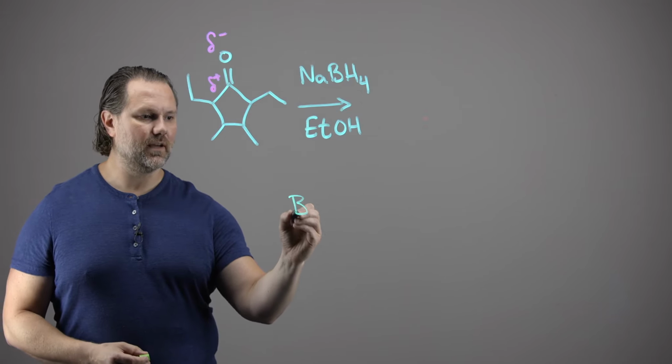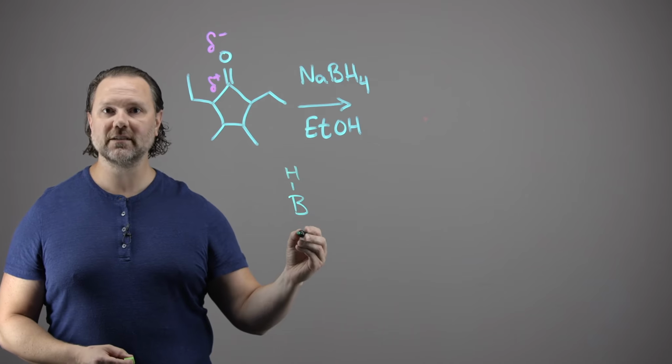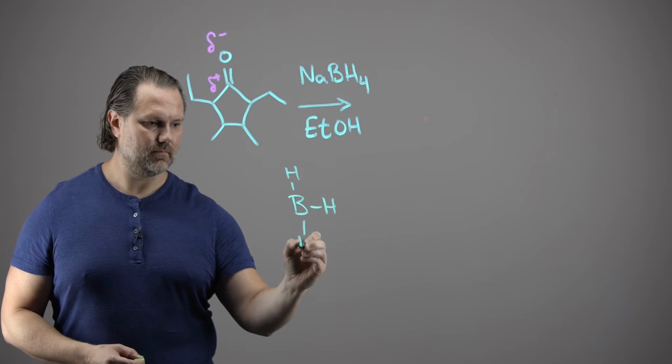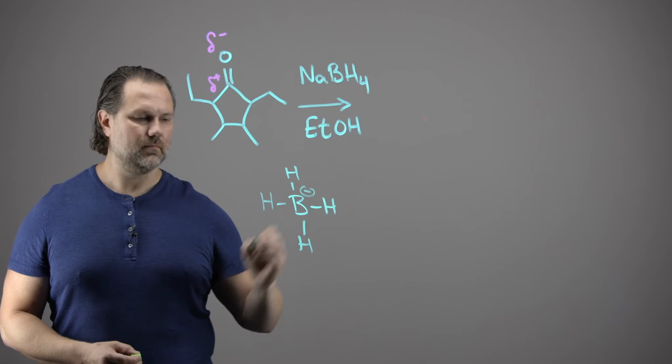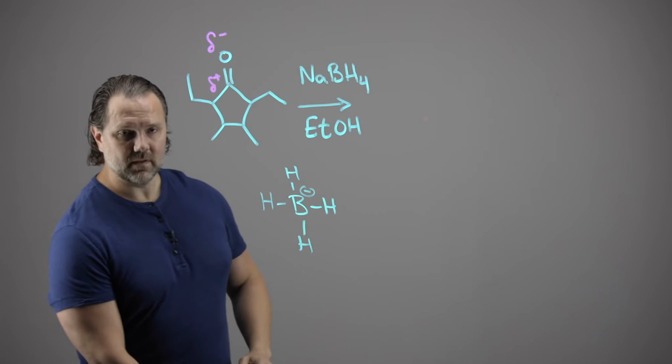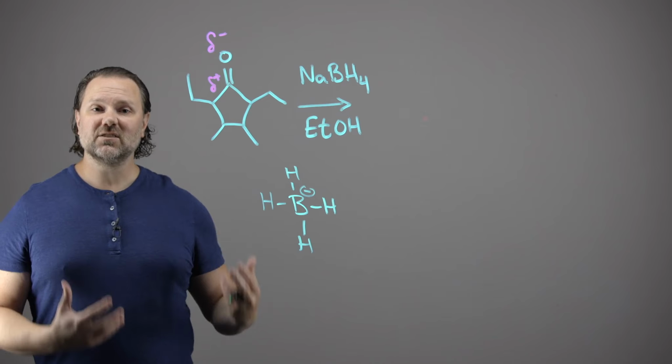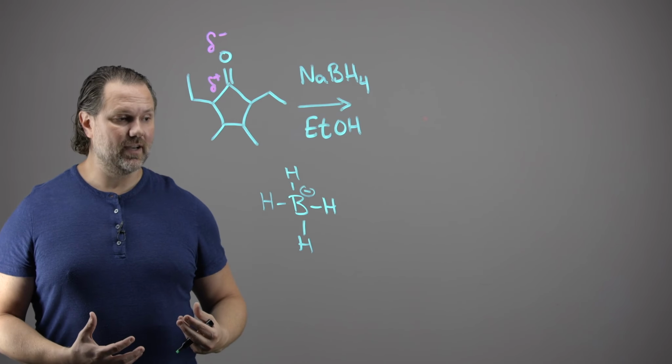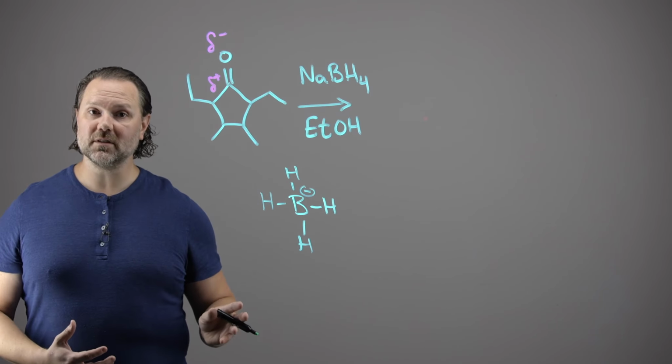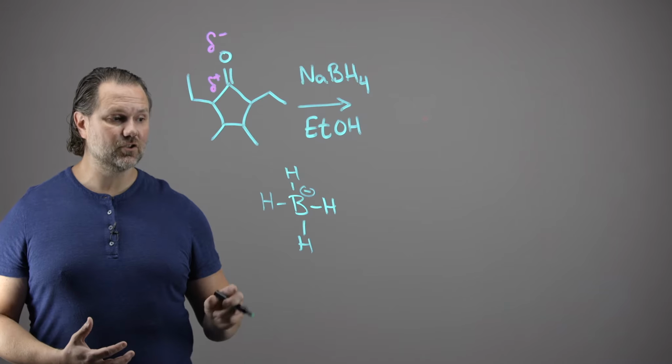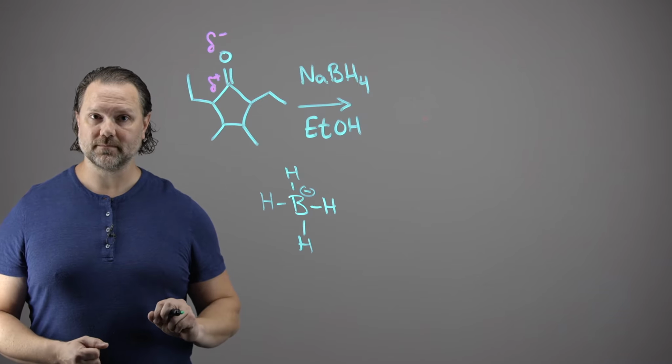So we have a boron atom with 4 hydrogens around it. And recall, the sodium, with its positive charge, is just a spectator ion in this reaction. Formally, we're representing that negative charge on the boron.